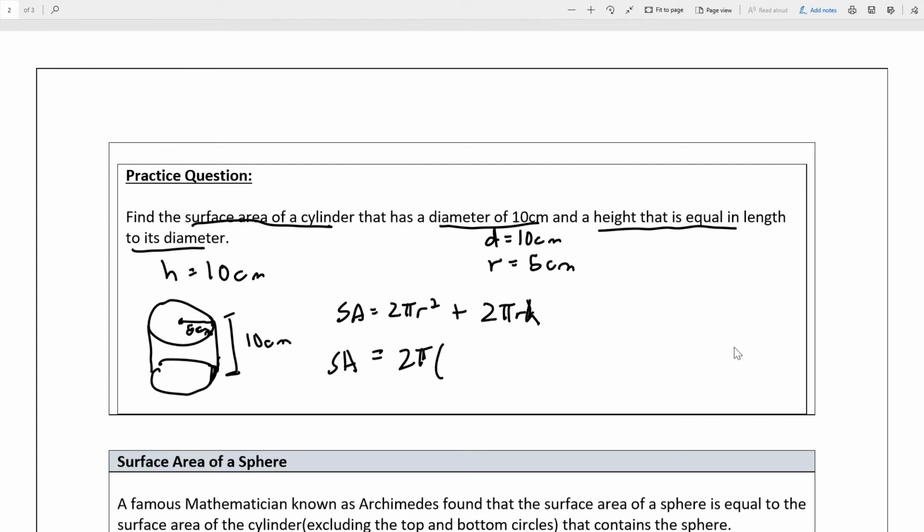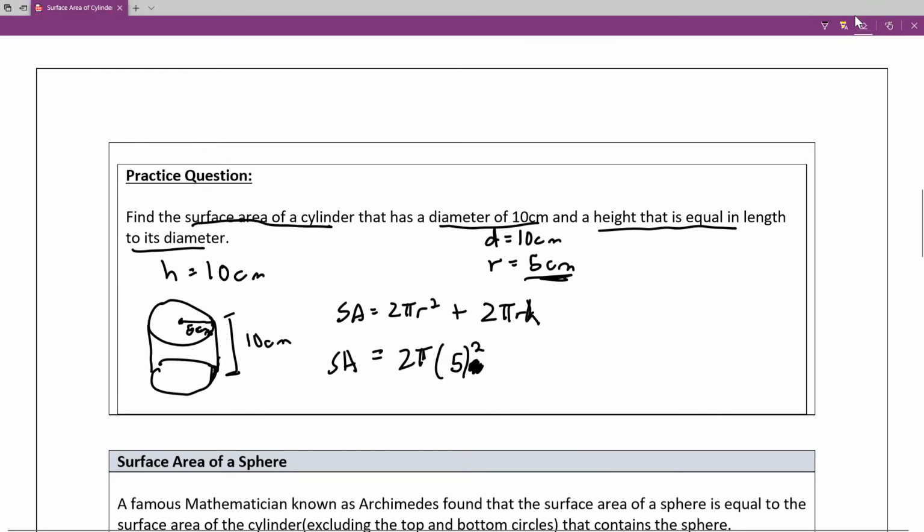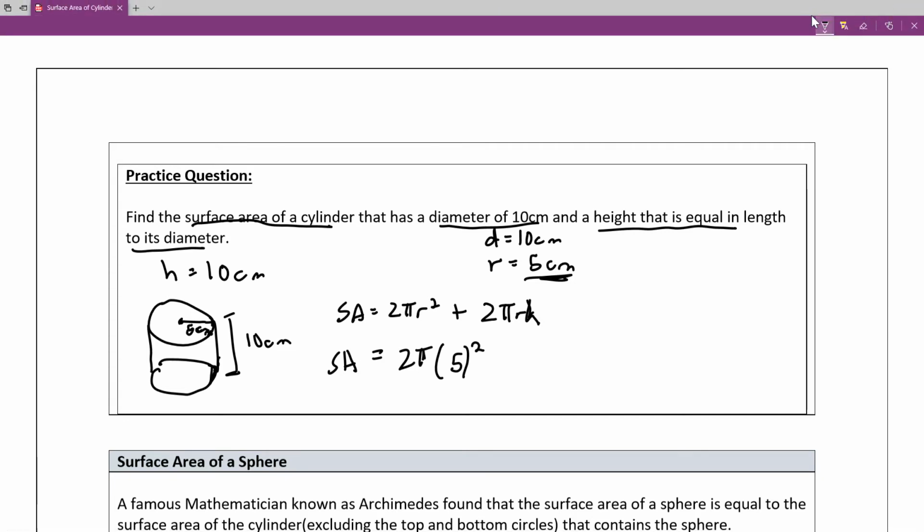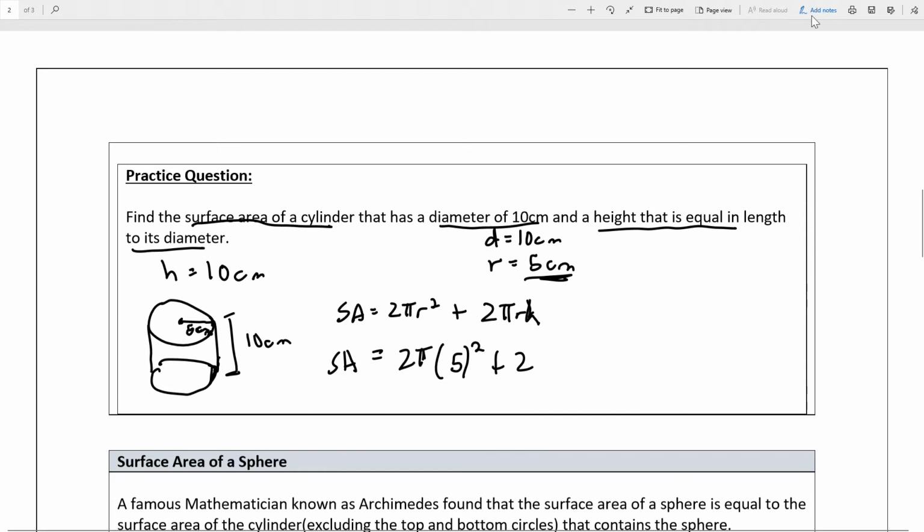Okay. So then we substitute r for radius. Radius was 5 centimeters. So I'll just leave out the units for now. Plus 2 times pi times the radius, which is 5, times the height, which is 10 centimeters. So we can calculate this.